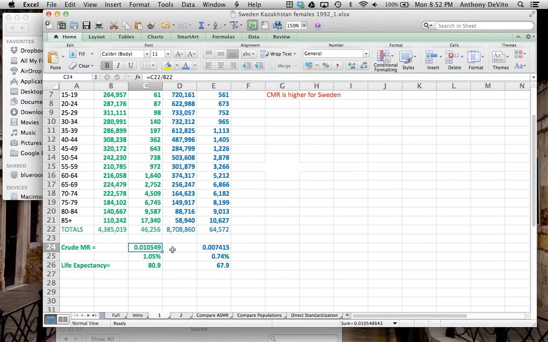One of the ways we might express this instead is to take this number and multiply it by 1,000 or 10,000 or a million, and say it's 10.5 females per 1,000 died.